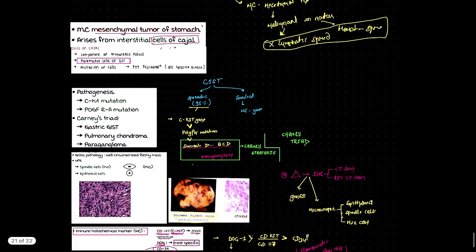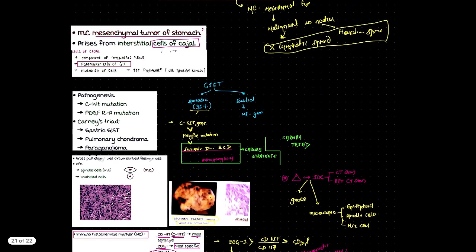Yes, clinical manifestation. What will be the clinical manifestation? There will be stomach ache, right? Stomach pain will be there if it is present in the stomach region. And that's all.